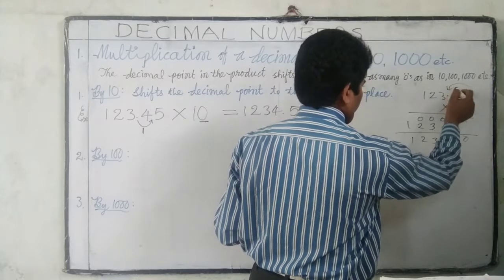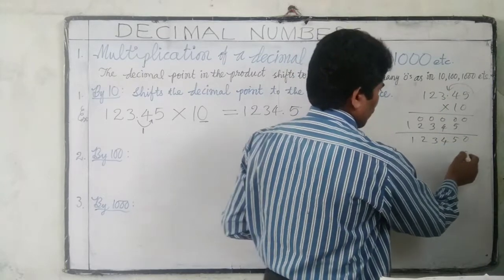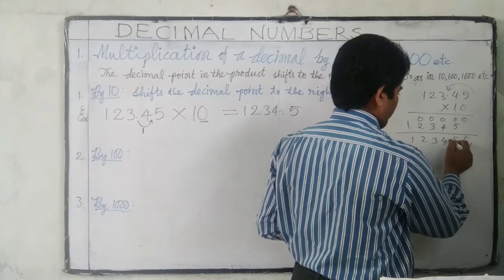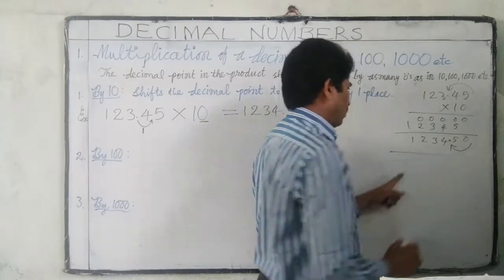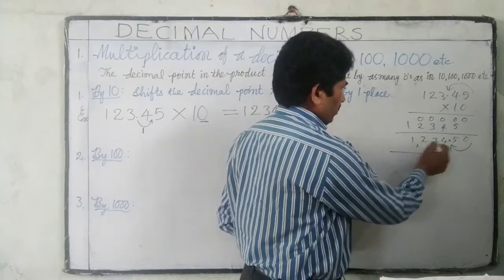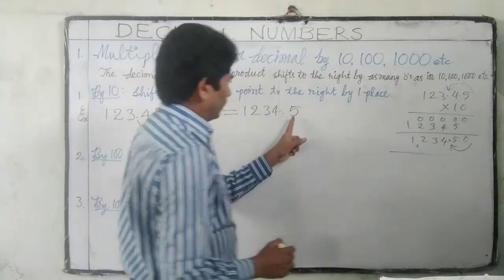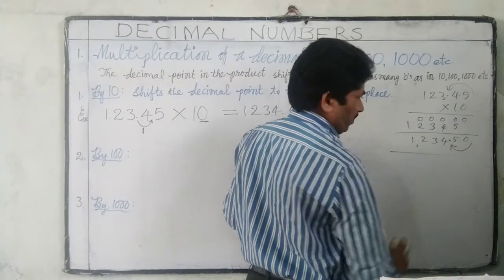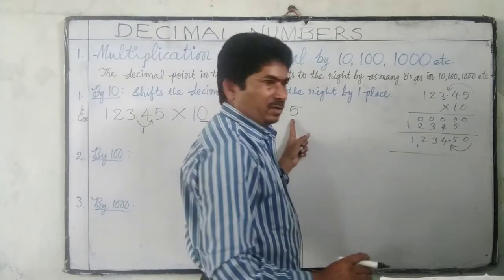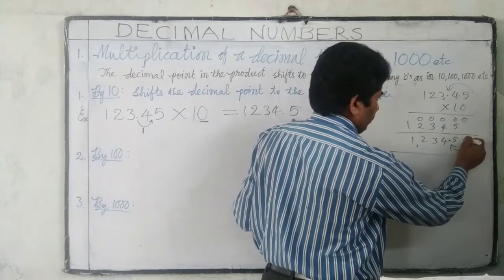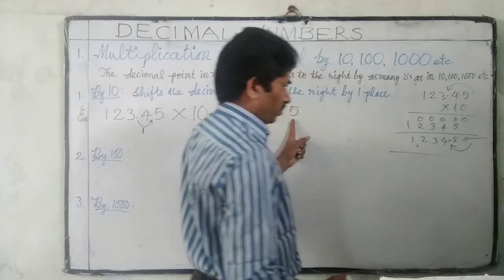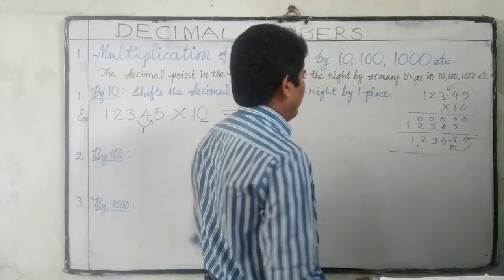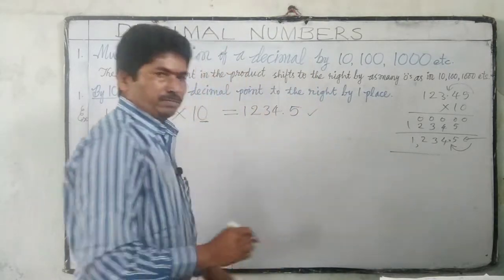Here two decimal places we have to show in the product. We got 1234.50, here the 5 is on the right in the decimal number. The zeros on the right side have no value, so that's why 1234.5 only. We checked this answer.